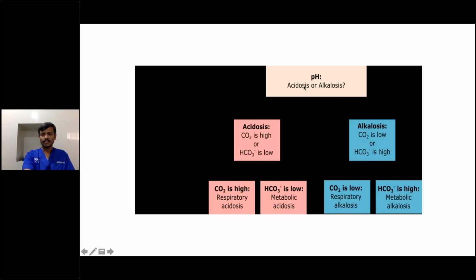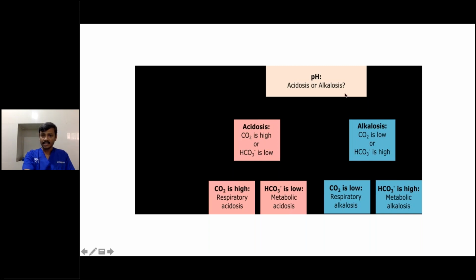So here, in step 1, we should first know the pH: acidosis or alkalosis. If there is acidosis, then we have to look at two values: one is carbon dioxide, another is bicarbonate. If carbon dioxide is high, then it's called respiratory acidosis. If bicarbonate is low, then it's called metabolic acidosis. So we call it respiratory acidosis or metabolic acidosis, depending upon whether carbon dioxide is high or bicarbonate is low.